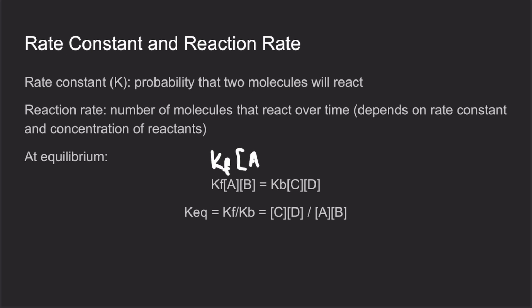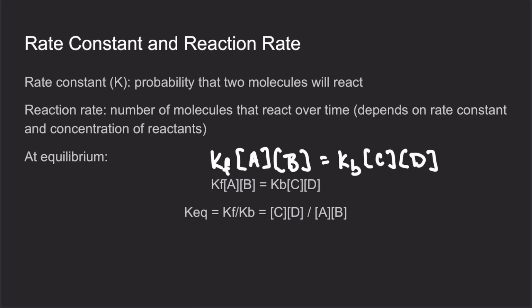If we multiply that by the concentrations of A and the concentrations of B, it will be equal to Kb, which is the rate constant for the backwards reaction, times the concentrations of C times the concentration of D. Okay?